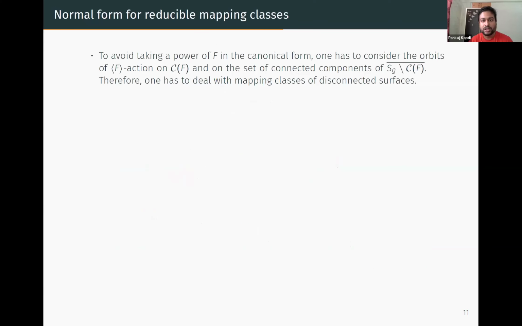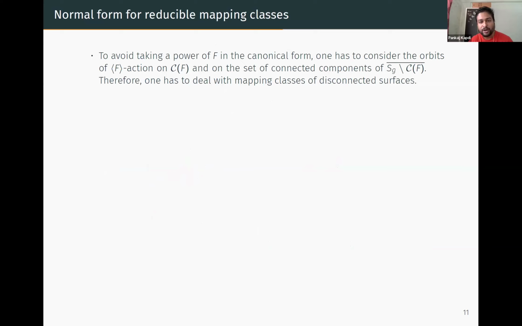Okay, so now I'll move to the normal form for a reducible mapping class. And we have already seen that sometimes we have to take powers of f in the canonical form, and actually we want to avoid those powers. So if you want to avoid those powers, you have to consider the orbits of curves and orbits of those connected components of the complement of the curves. And these orbits are formed by the action of the mapping class f.